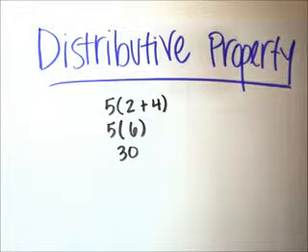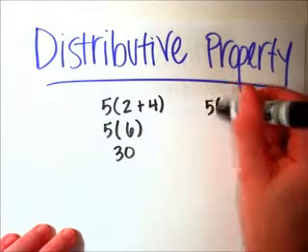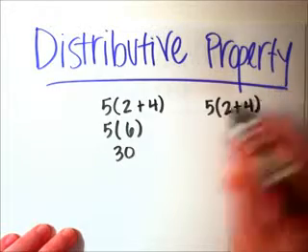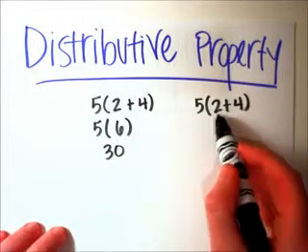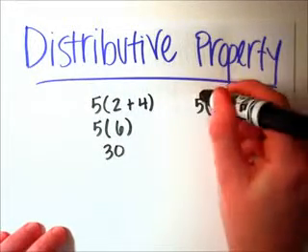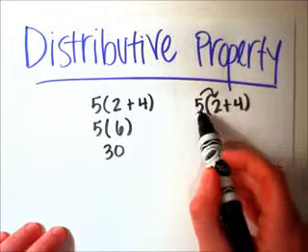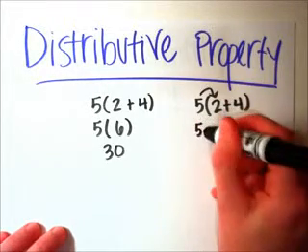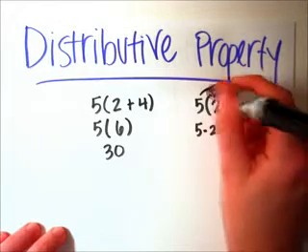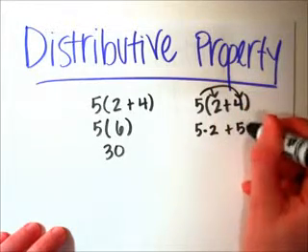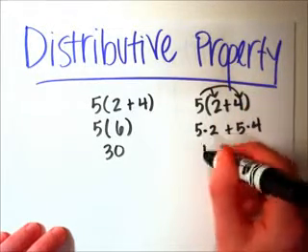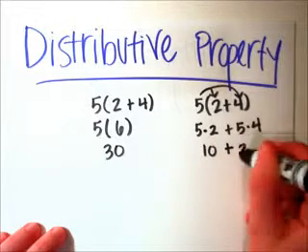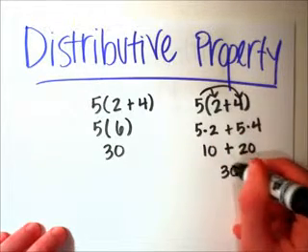But the distributive property says that we can take this 5 and distribute it over every term inside of the parentheses through multiplication. So this is the same as saying 5 times 2 plus 5 times 4. So that 5 times 2 is 10, 5 times 4 is 20, 10 and 20 is 30.